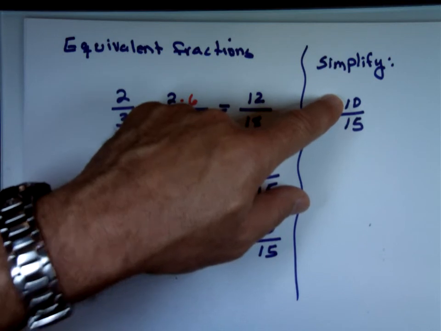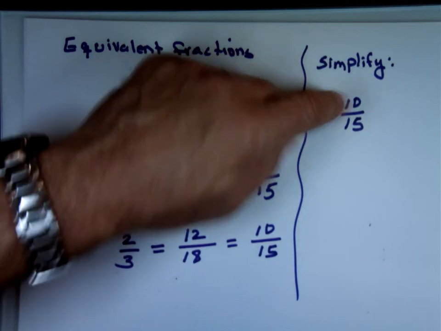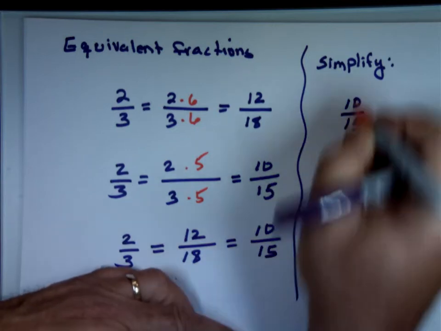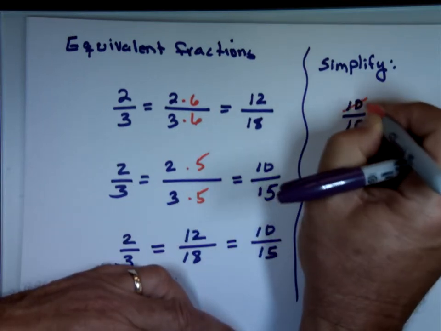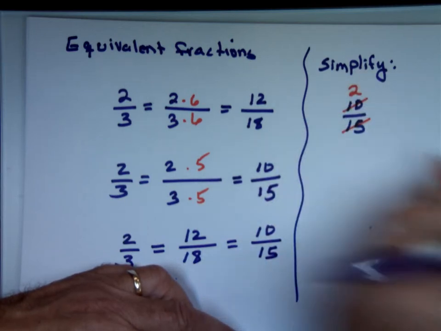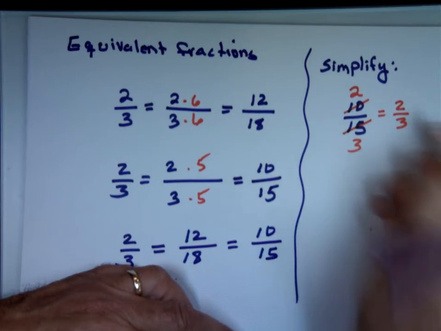You got to divide the bottom by what? The same number. Let's look at the 10 and the 15. Both of these numbers, you can divide them by what? By 5. If I divide this by 5, what do you have? 2. If you divide this by 5, what do you have? 3. Is that equal to 2/3? Yes, it is.